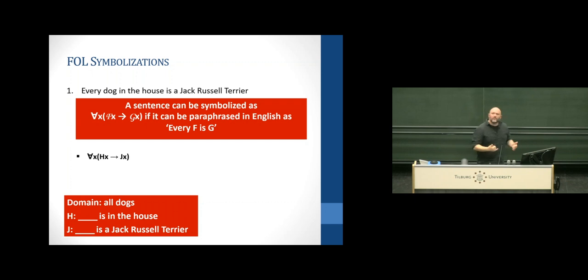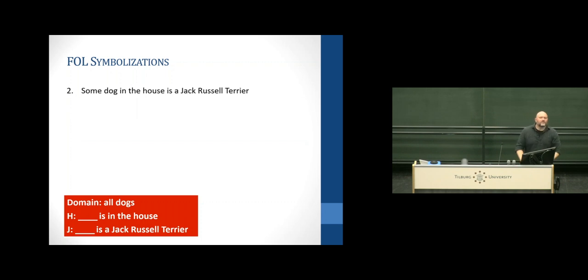Let's move to our second one. Our first sentence: every dog in the house is a Jack Russell. Second one: some dog in the house is a Jack Russell. How are we going to do that? Existential.